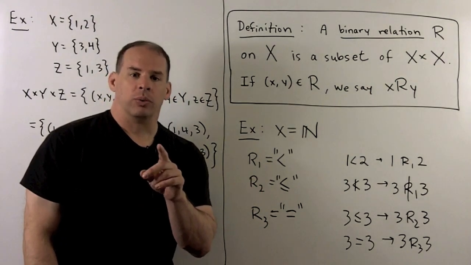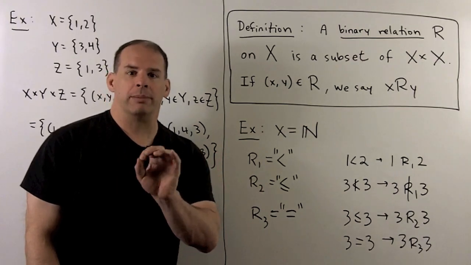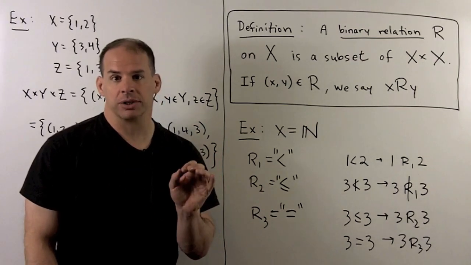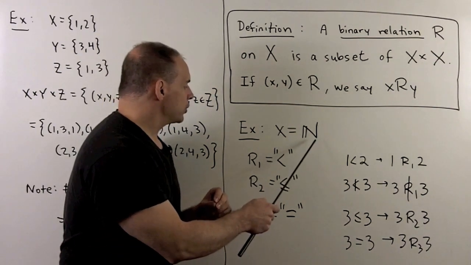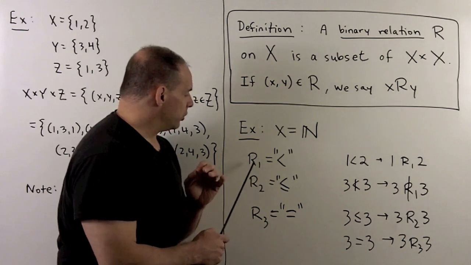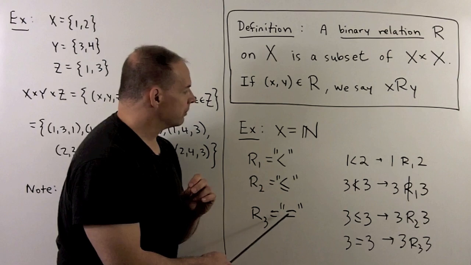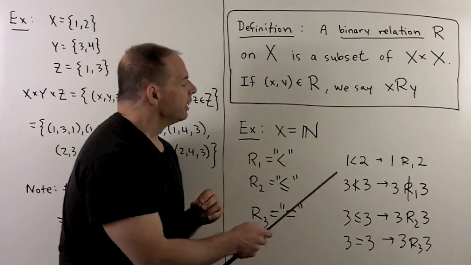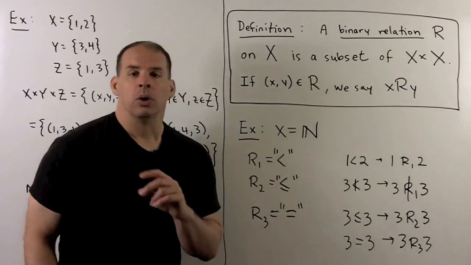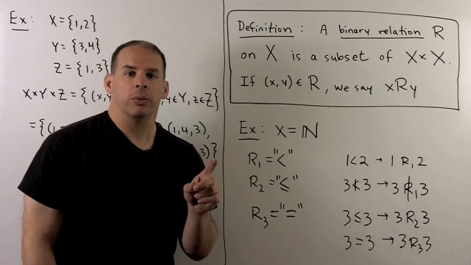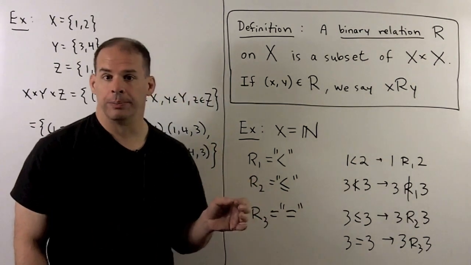Now, we have many familiar binary relations, so for those, we won't need to make reference to this Cartesian product. For example, if we took X equal to the natural numbers, okay, 3 relations we use often: strictly less than, less than or equals, or equals. For instance, if I take the relation 1 strictly less than 2, we could write that as 1 R1 2, or I could say that (1, 2) is an element of R1.